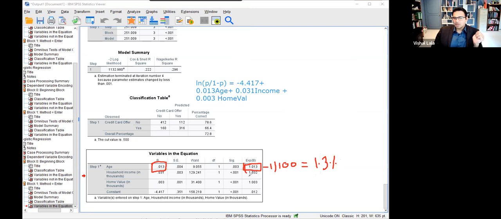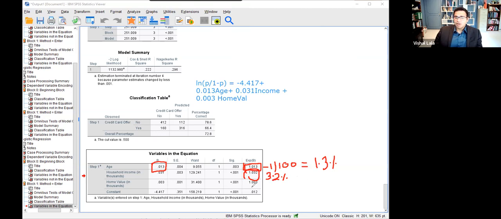Similarly, you could take the number for household income and draw the following inference. As income goes up by 1 unit, likelihood of signing up for a credit card goes up by 3.2%. To be more clear, when income goes up by 1 unit, meaning $1,000, likelihood of signing up for a card goes up by 3.2%.